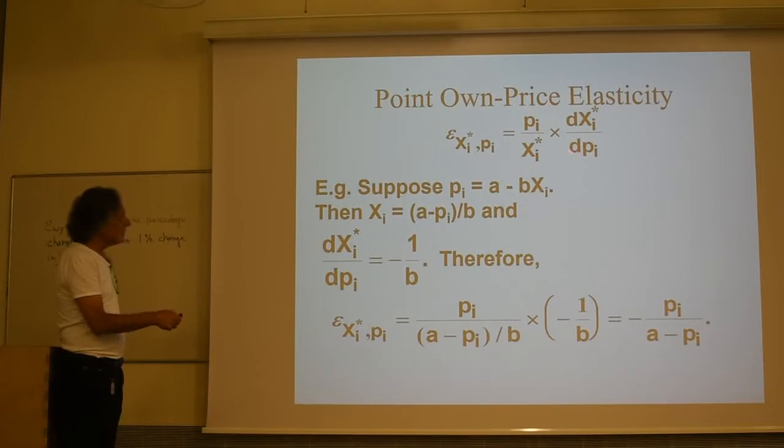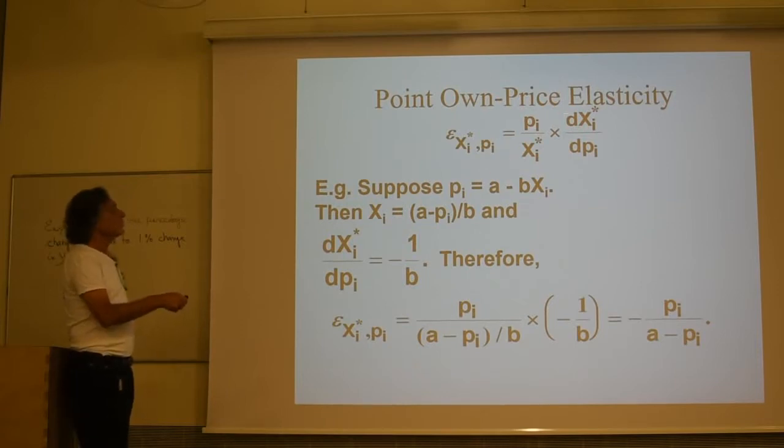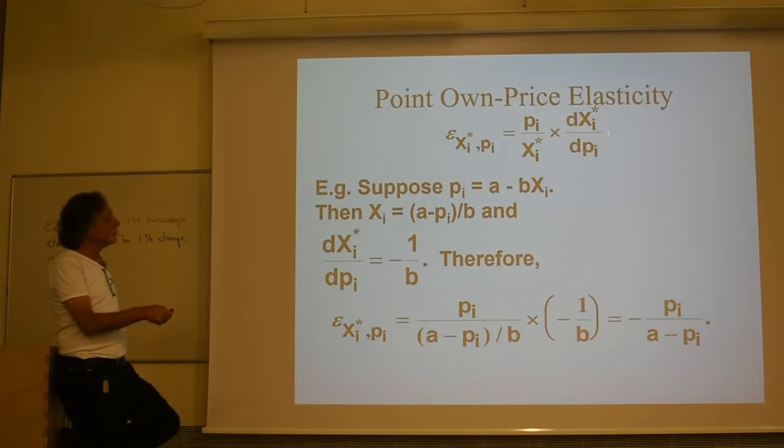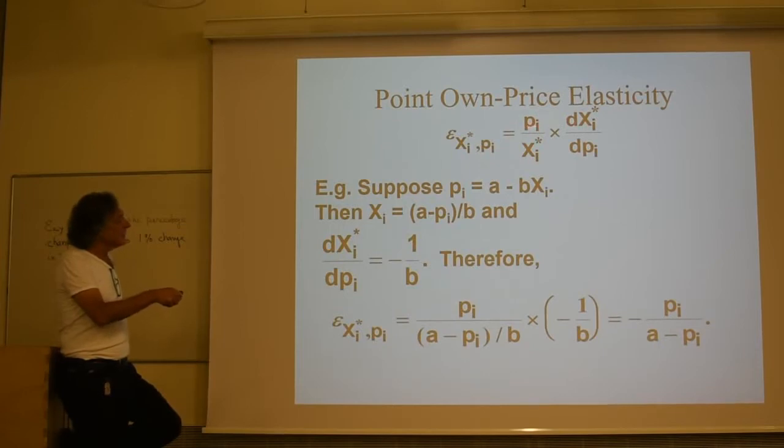And this is the derivative of xi at this price. Everything starts from this. This is fixed. We fix that. And we take the derivative of the demand function, plug in the price, and multiply and divide by xi, which is the demand at the price.